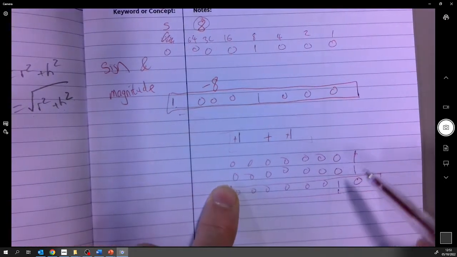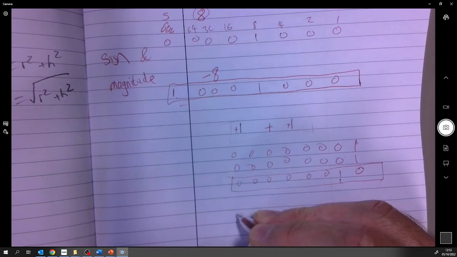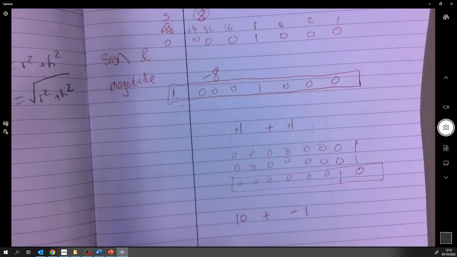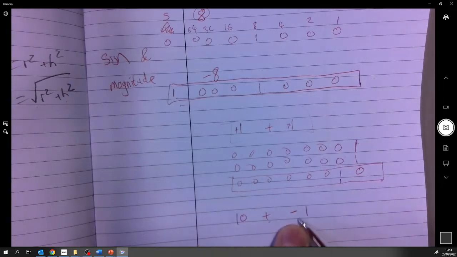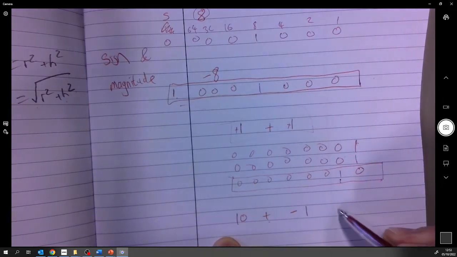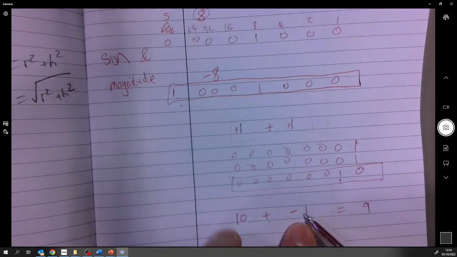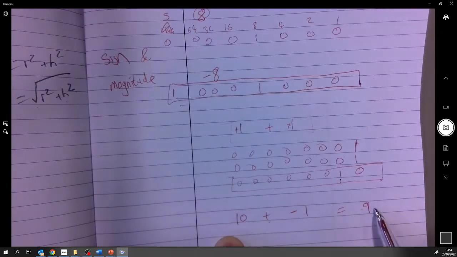We have a problem when we start dealing with negative numbers. So let's do 10 plus -1. You know from maths that if you do add and subtract, that's the same as just doing 10 minus 1, isn't it? We expect the answer to be 9. If you add -1 to 10, it's the same as taking 1 away from 10. Agreed? No surprises. So let's work it out.